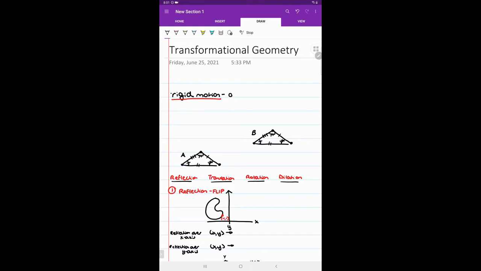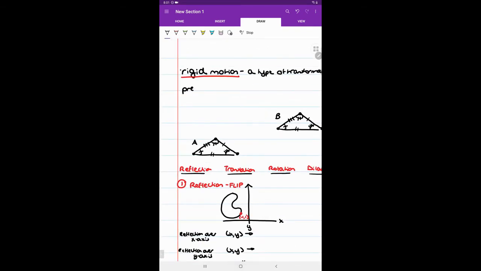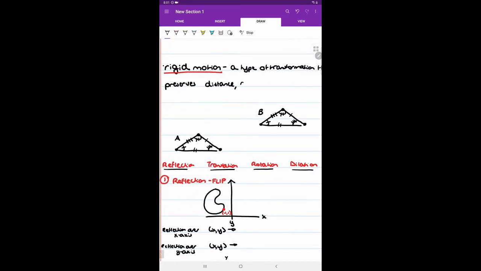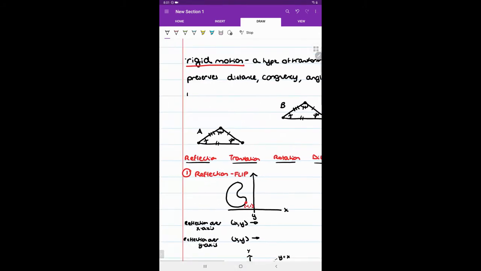So rigid motion is a type of transformation that preserves distance, congruency, angle measure, size, and shape.